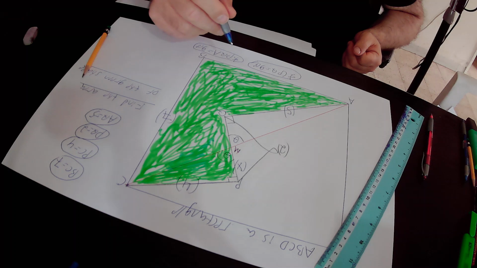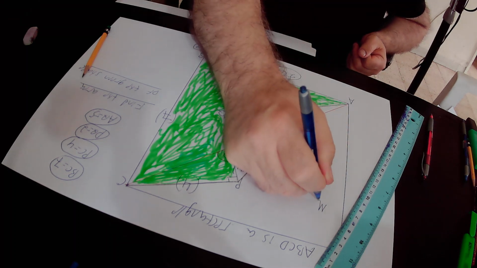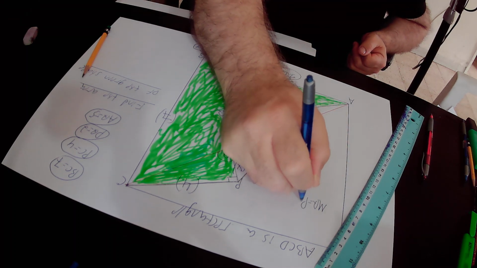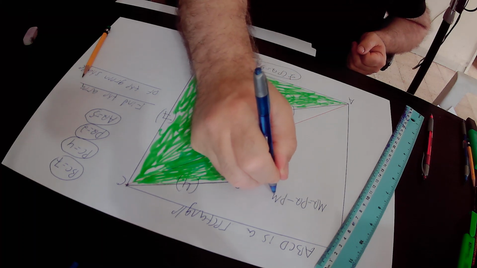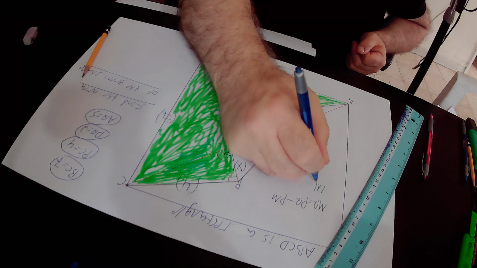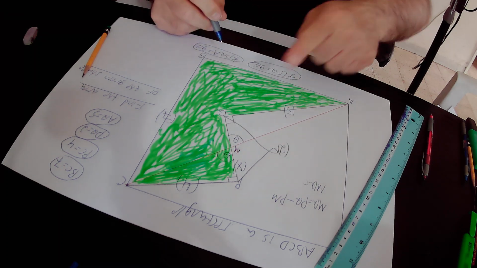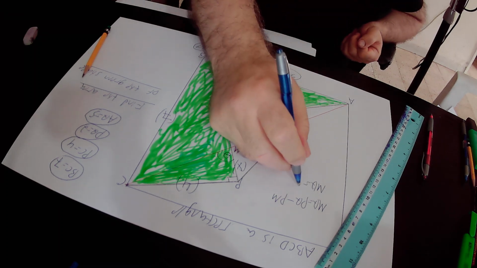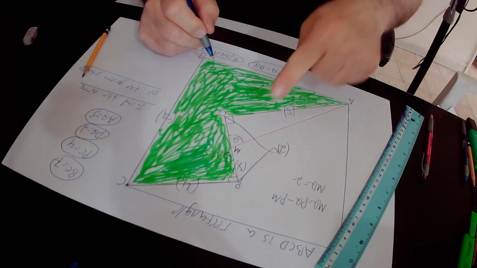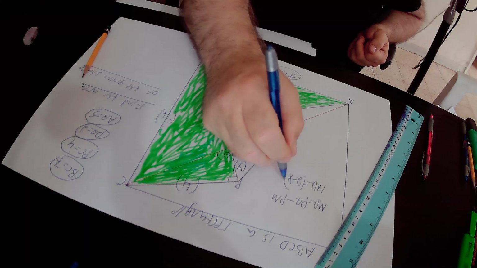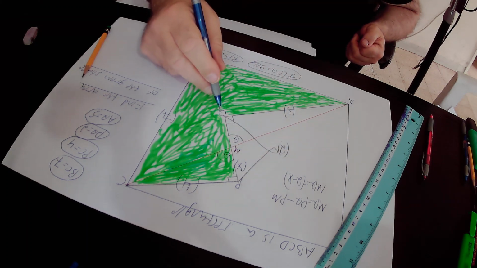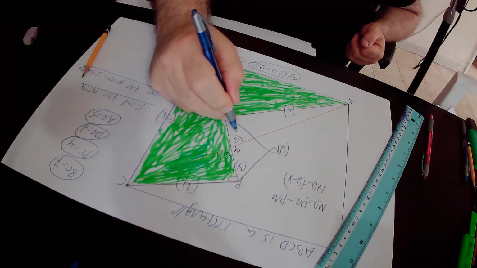So MQ equals PQ, PQ is 2, minus PM, PM is X according to our definition. So in total, MQ equals 2 minus X.